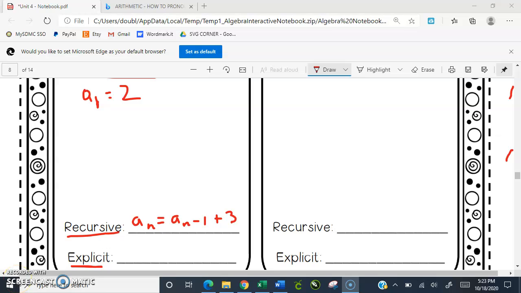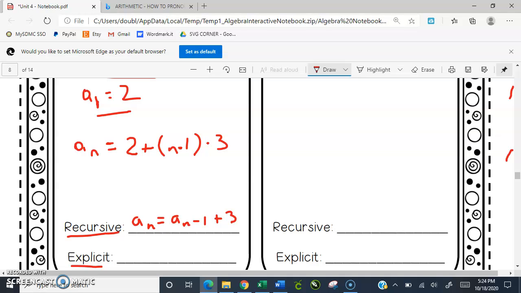We have a sub n equals our initial term, which is 2, plus our common difference, 3, times n minus 1.